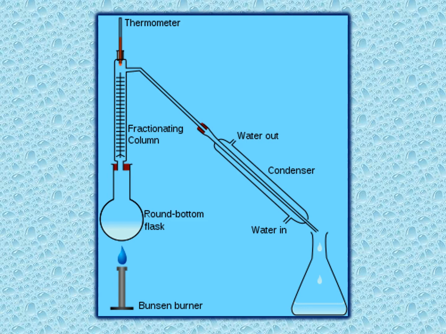Here has a large surface area for the repeating vaporization and condensation process. And the distillate will come out from the condenser here, the condensation of the vapor.